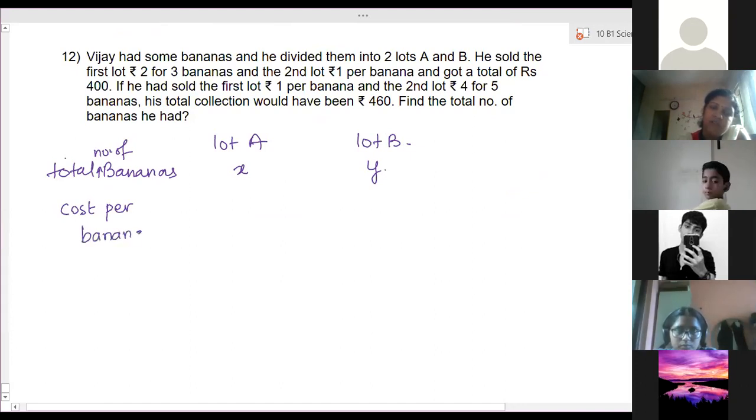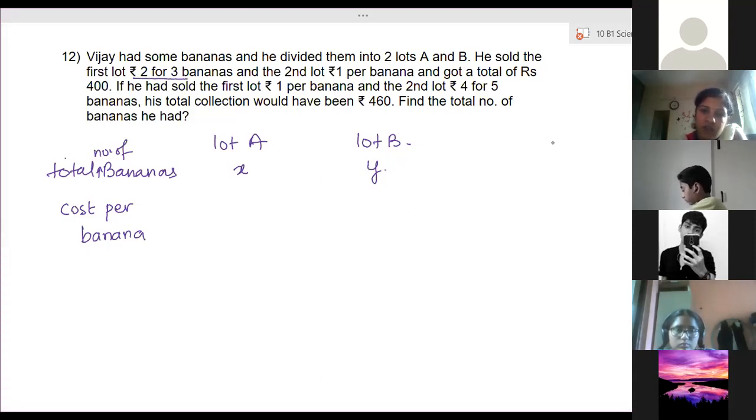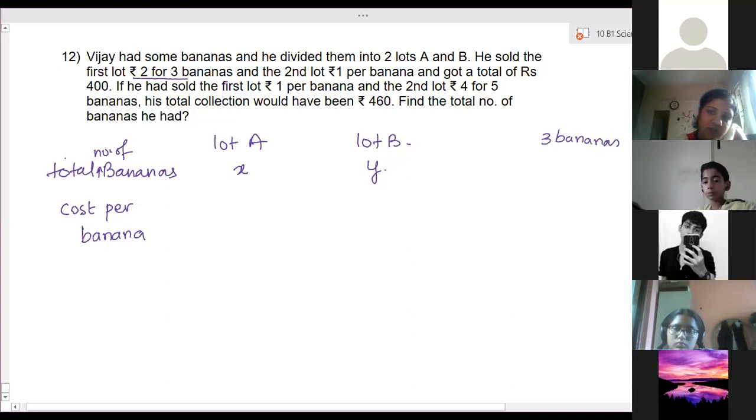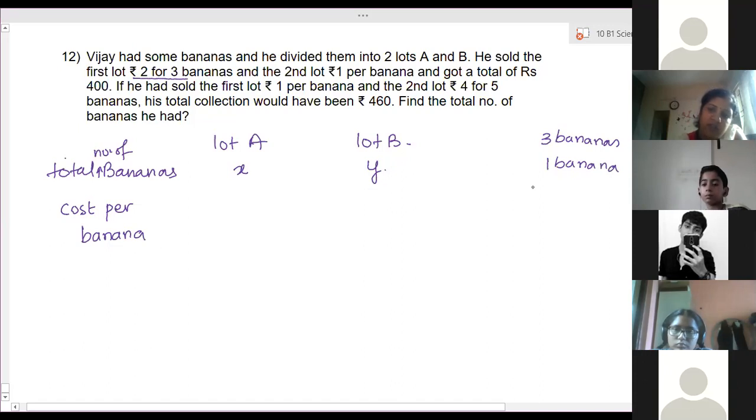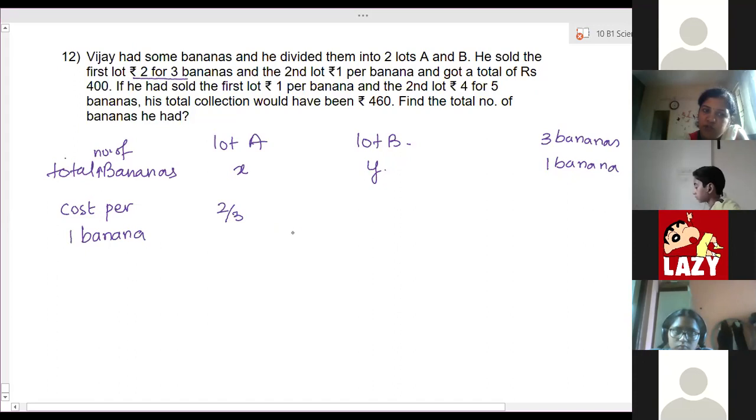For lot A, ₹2 for 3 bananas. That means 3 bananas he sold at ₹2. So what is the cost of 1 banana? 2 by 3. So cost per 1 banana is equal to 2 by 3, and lot B, 1 rupee, right?